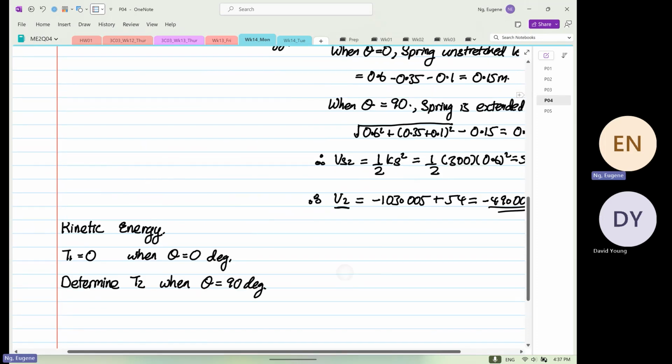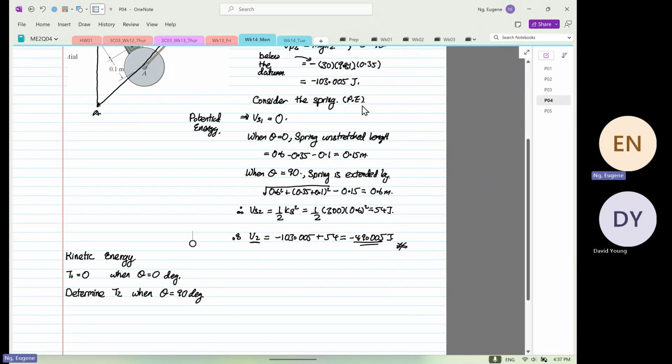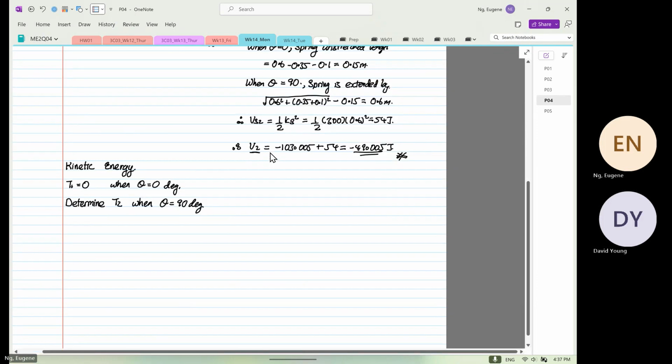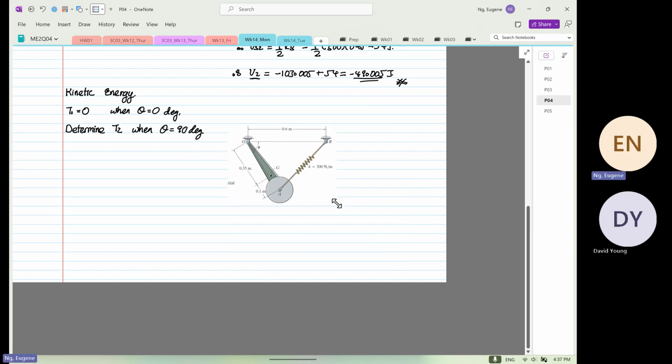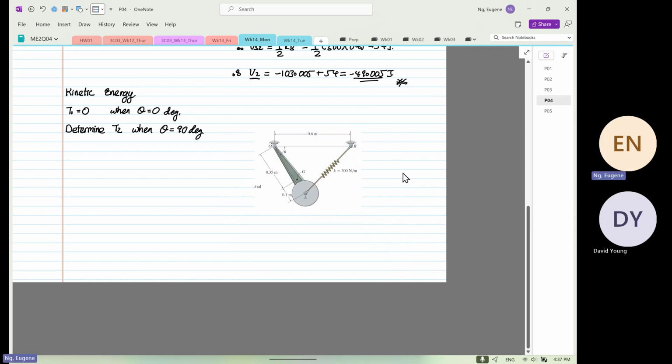So let me get the diagram. The diagram will be easier for us. This is the diagram that you see.